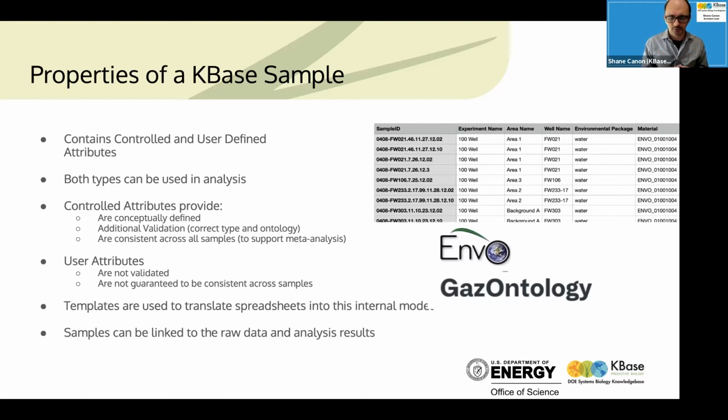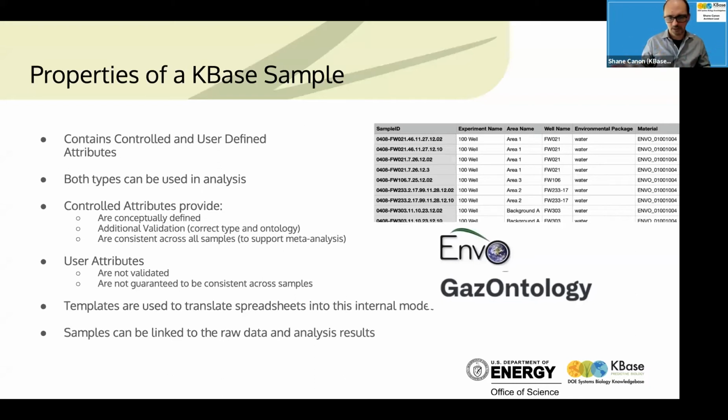So that allows us to eventually use that attribute across the system because it has a common meaning. User-defined attributes basically go through less validation. They might be consistent within a given sample set, but there's really no guarantees past that, right?